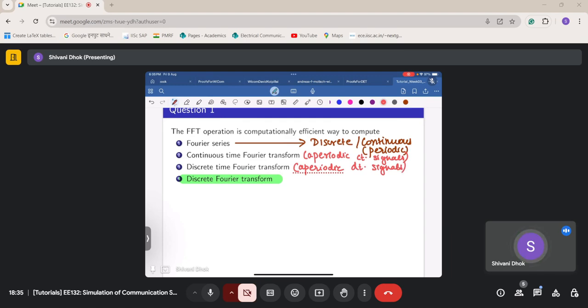And then we have this thing known as the discrete Fourier transform.